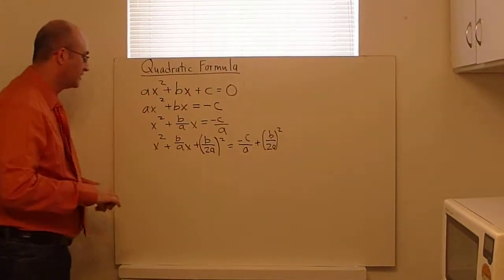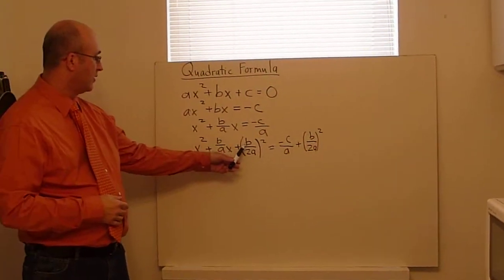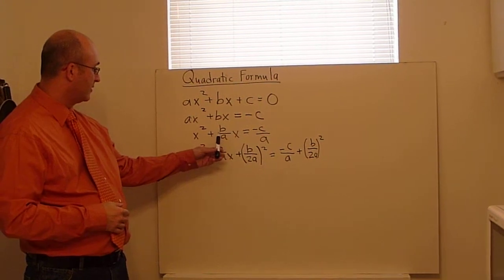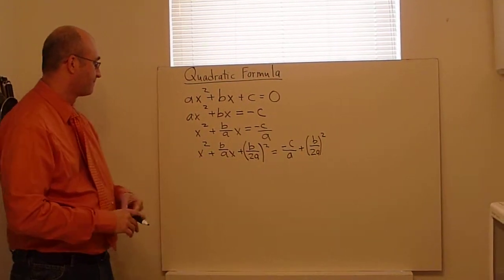Okay, let's take a look at what we did. We added b over 2a, that's half of b over a, and we squared it.